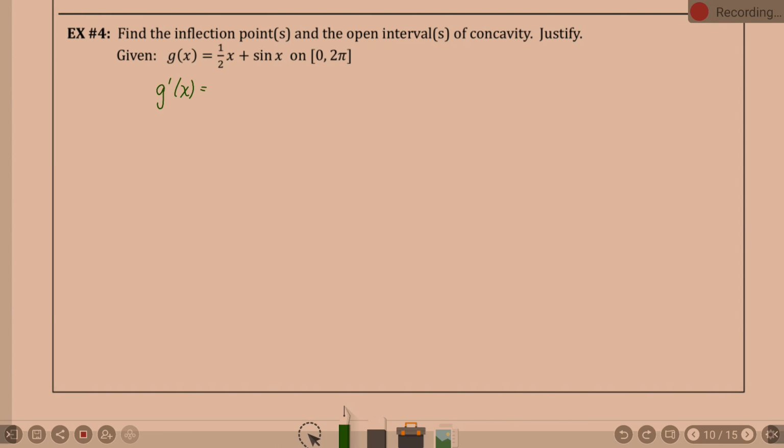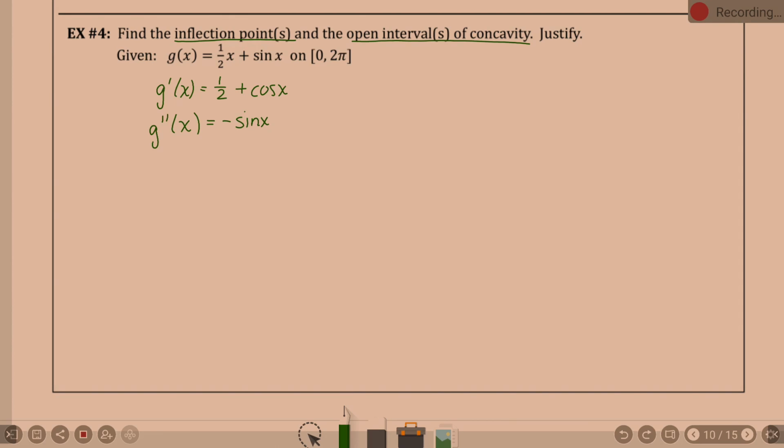First derivative, g prime of x, 1/2 plus cosine x. Because we were trying to talk about inflection points and open intervals of concavity, we're going to talk second derivative. Second derivative is negative sine x.